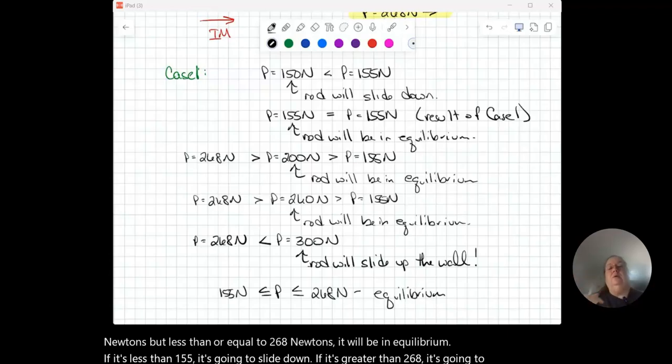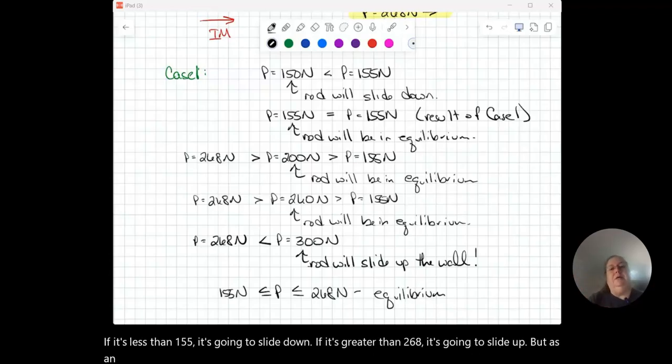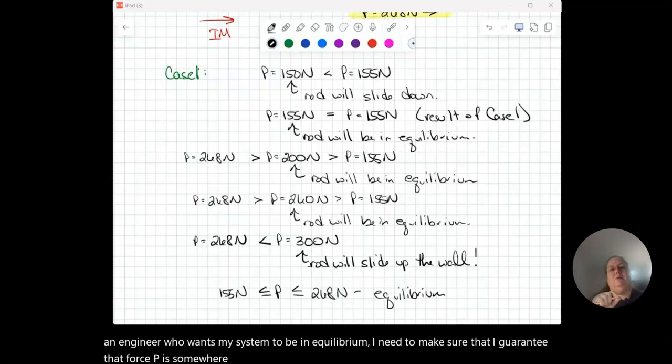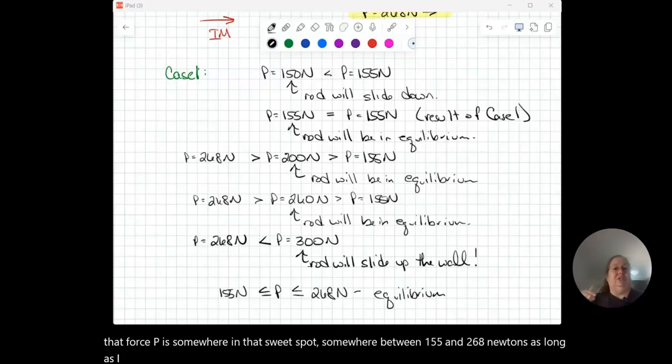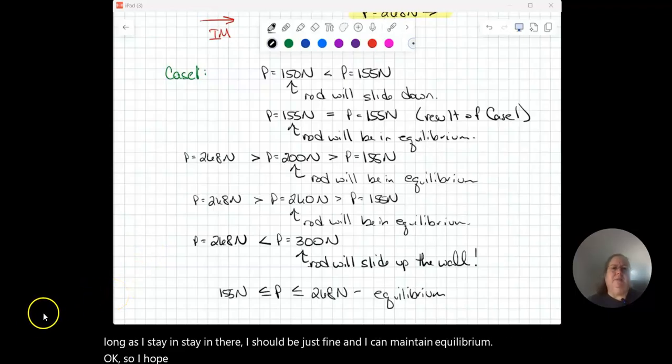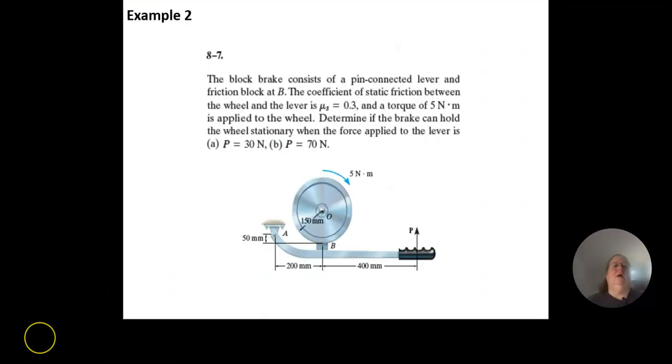But as an engineer who wants my system to be in equilibrium, I need to guarantee that force P is somewhere between 155 and 268 newtons. As long as I stay in there, I should be just fine and I can maintain equilibrium. Okay, so I hope that example helps. I think it's a really useful one.